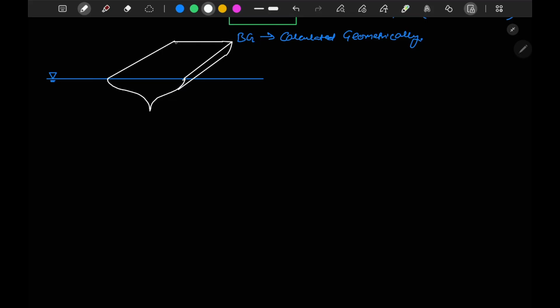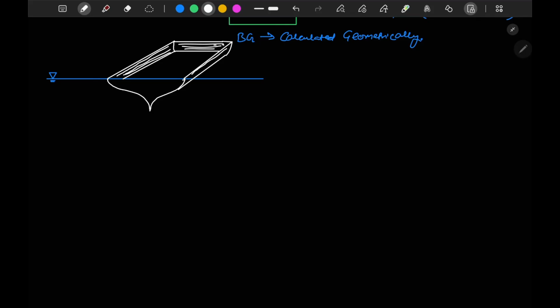Similarly here also it would be something like this. Now this is your ship body.